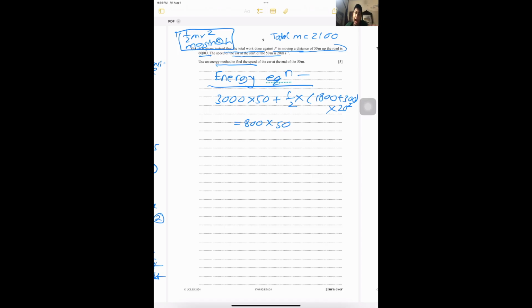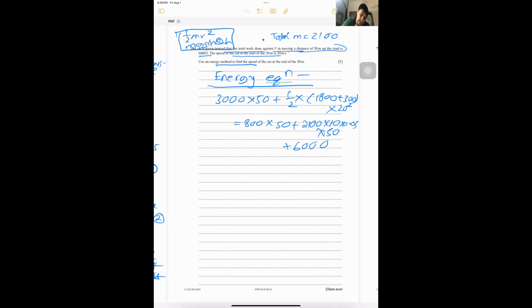I never did that, and you also don't have to do it. So plus the total mass into 10 into 0.05 into 50, and we also have a 6000.